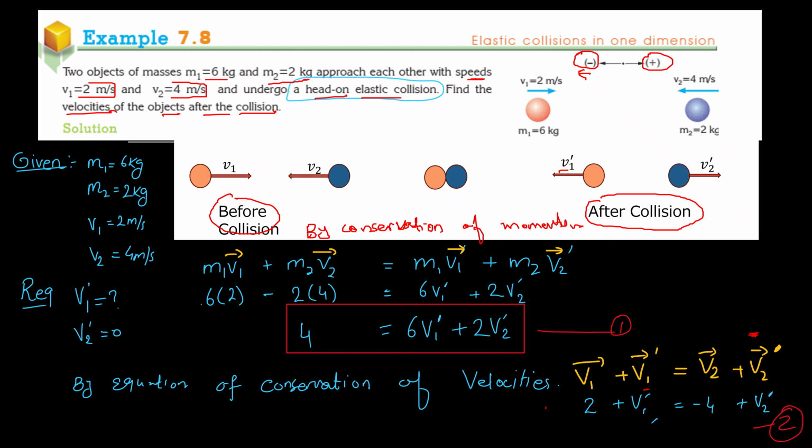When we put the values we will get another relation, and in this relation also we don't know v2 prime and v1 prime. So we also have two unknowns, but if we combine these two equations, then we can get one of the values, and in this way we can find them.